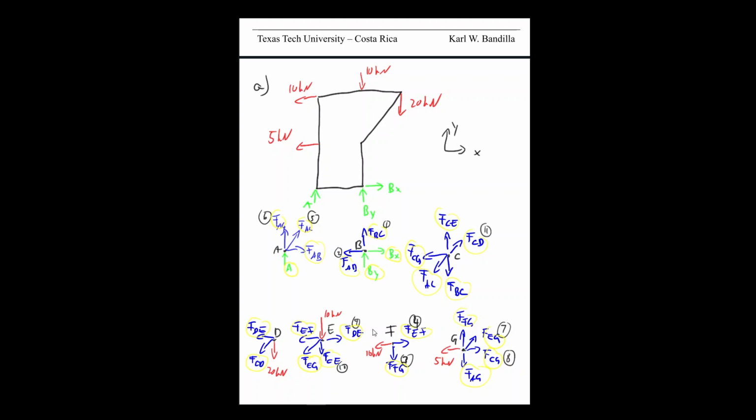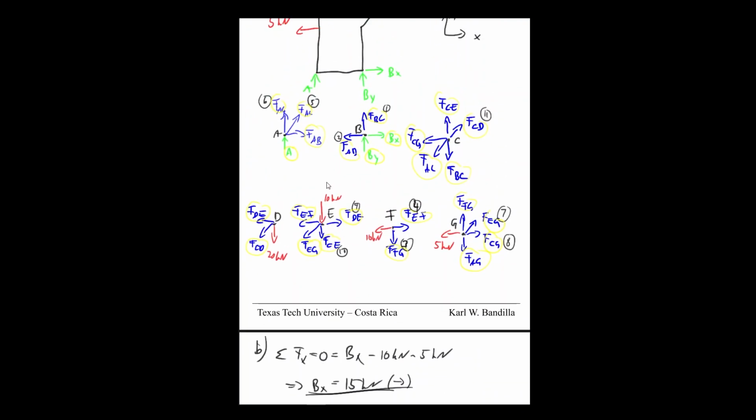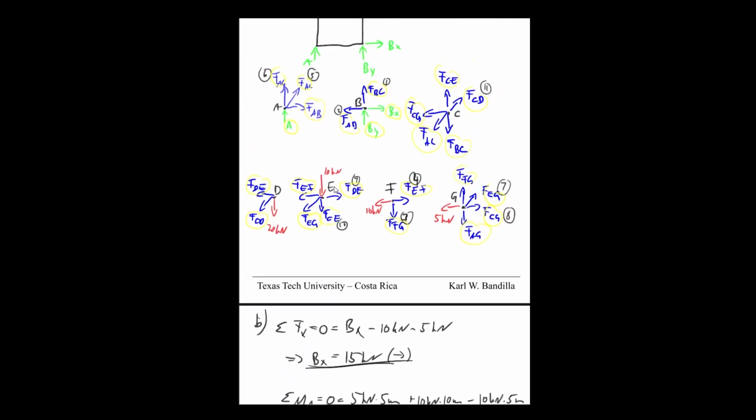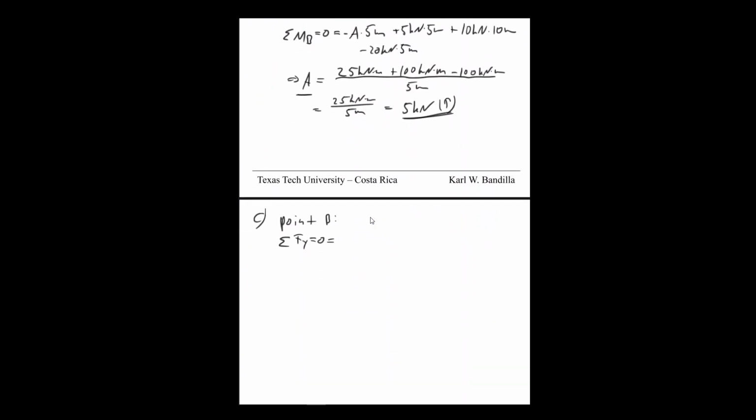All right, so we start with point B. Point B is right there, and so we're saying sum of forces in the y direction. Fy equals 0 is equal to By plus FBC.